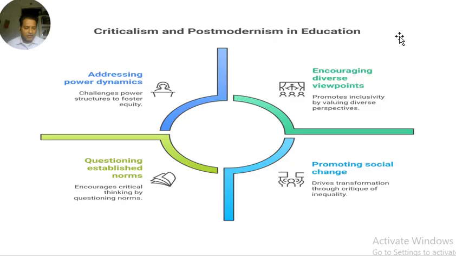Postmodernism, on the other hand, questions fixed truth and believes that everyone's viewpoint is important. Both approaches try to change things for the better. In geometry teaching or other types of classes, they can help make the classroom more inclusive by addressing the needs of students from different backgrounds. These paradigms can help teachers reflect on their own teaching and improve their methods.